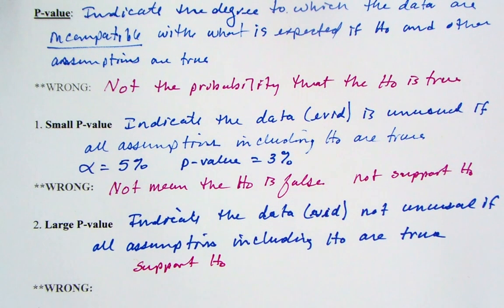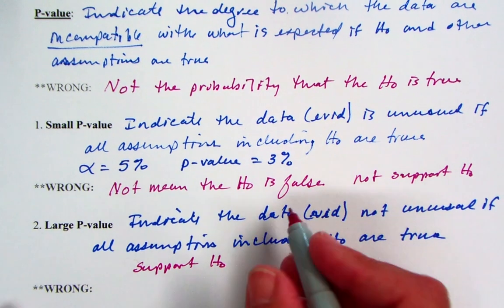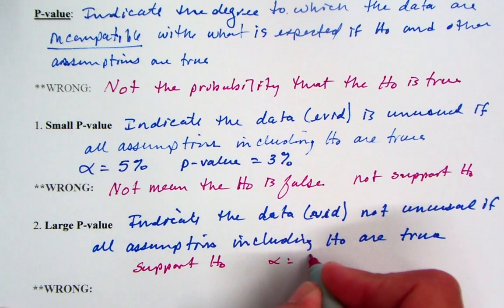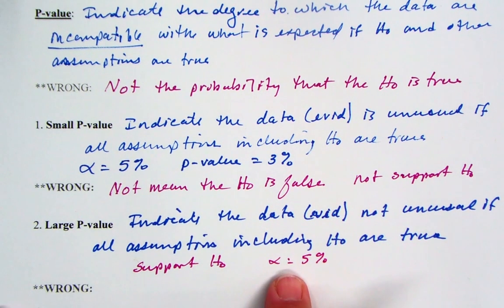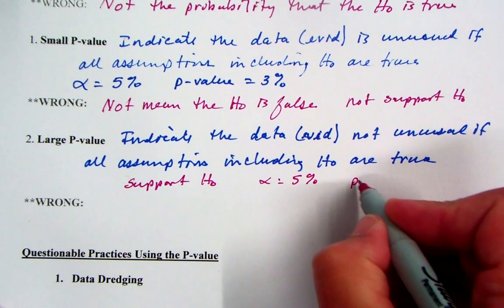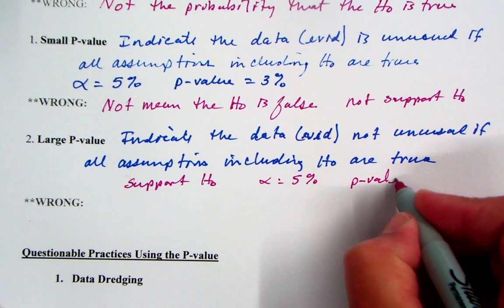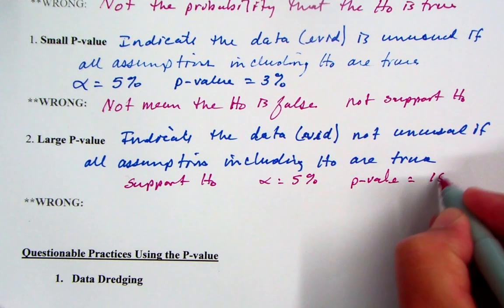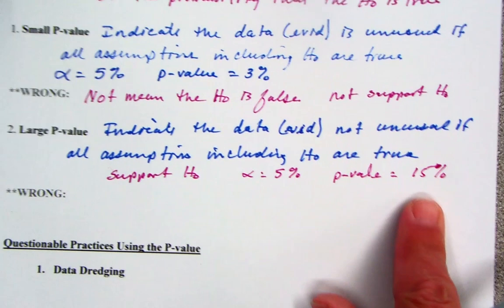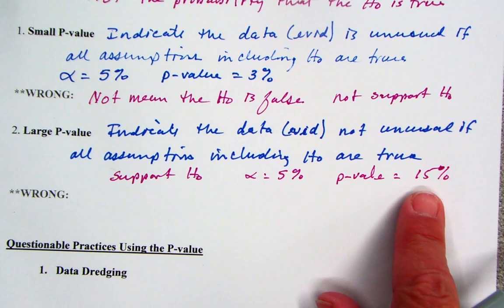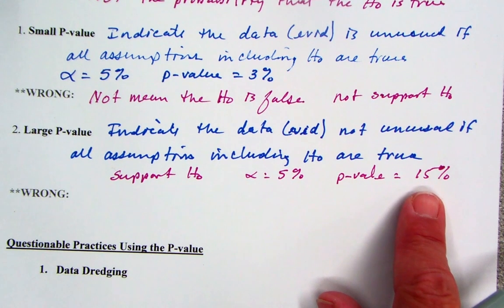What should I do? So that means I have a larger p-value. For example, if my alpha is always going to be 5%, that's what we'll always use, and my p-value is equal to 15%, we would say that this indicates that the data is not unusual. It indicates that it probably could come from the data set that would describe the null if all my assumptions were true.